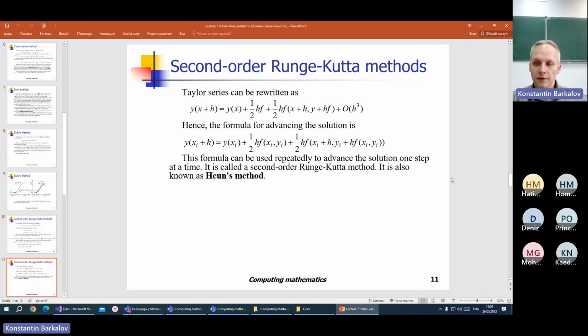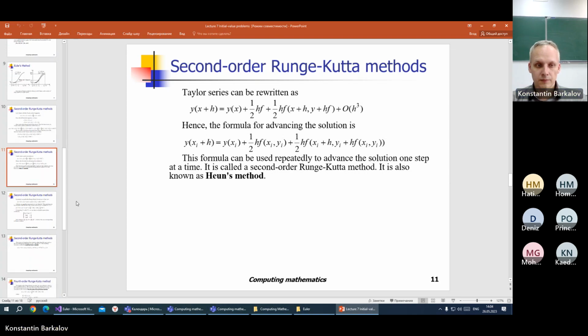Hence, the formula for advancing the solution can be written as follows. This formula can be used repeatedly to advance the solution one step at a time. It's called a second-order Runge-Kutta method, and it's also known as Heun's method. But usually we use the term second-order Runge-Kutta method.